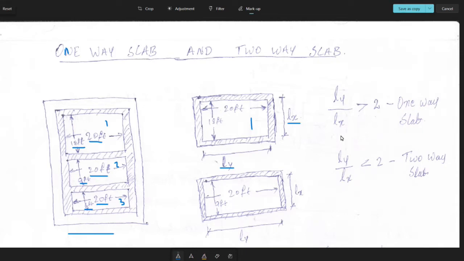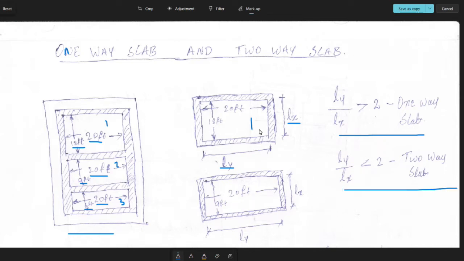Here there is a ratio we're going to check. If ly by lx is greater than 2, then we say the slab is a one-way slab. And if ly by lx is less than 2, then we say it is a two-way slab.